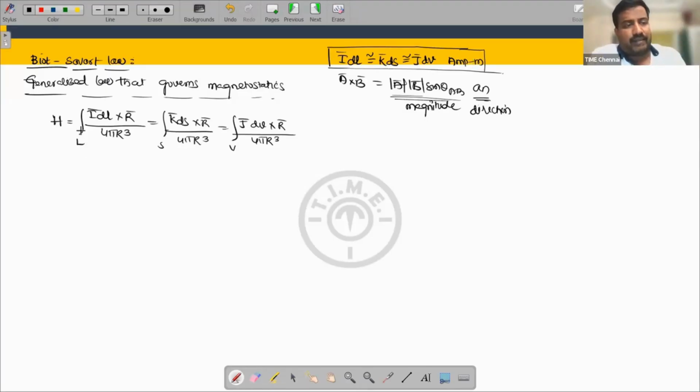So if I take a similar case here, then the direction of magnetic field, which is the resultant of this cross product, must be perpendicular to both current and radial direction, giving rise to a very important conclusion that the direction of magnetic field is perpendicular to both current and radial direction.